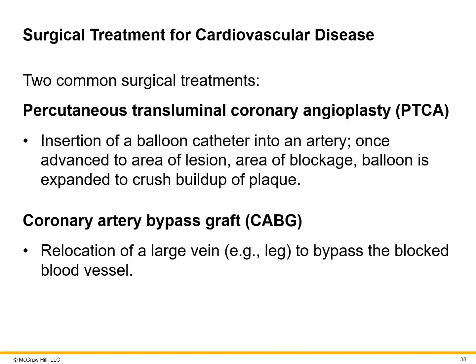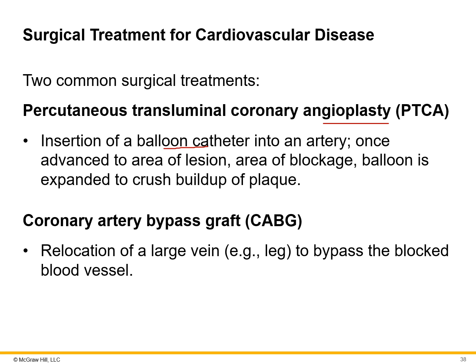Okay, there's also some surgical treatment of cardiovascular disease. Two that are most common: the PTCA, percutaneous transluminal coronary angioplasty, usually just referred to as angioplasty. This is where they insert a balloon catheter into an artery.